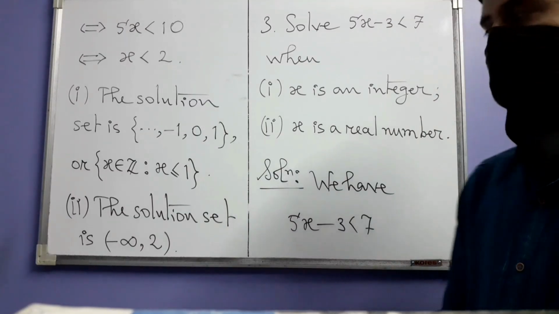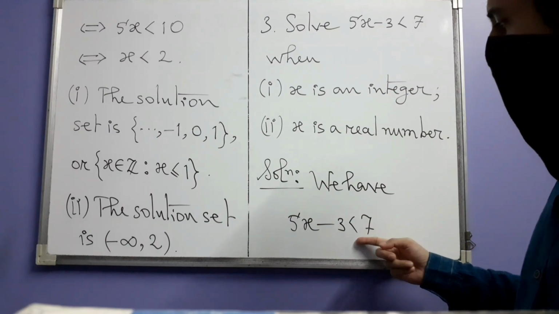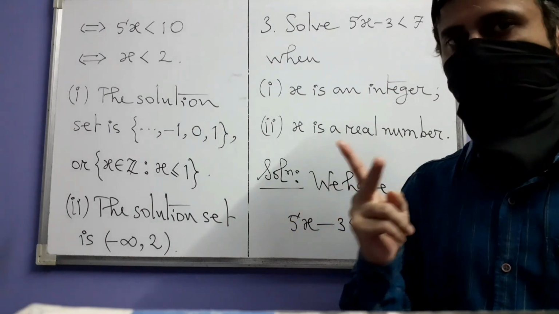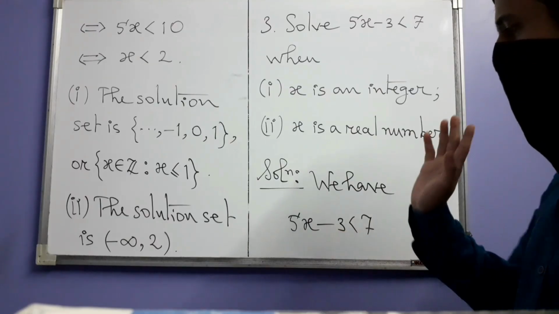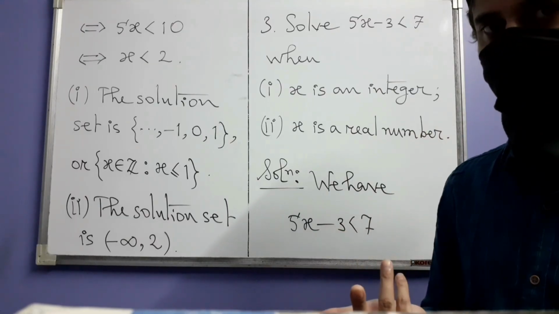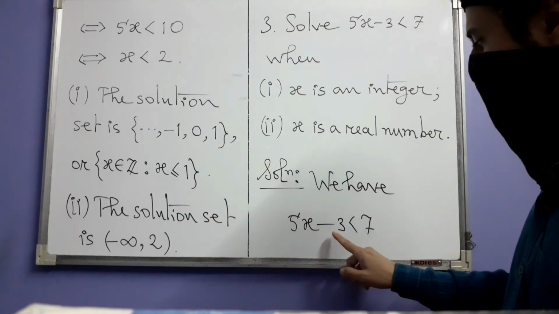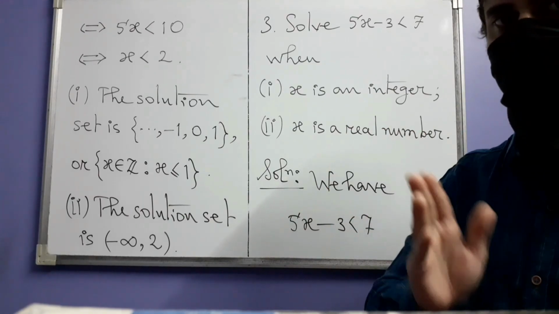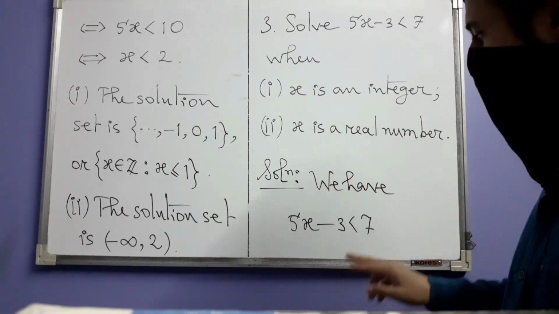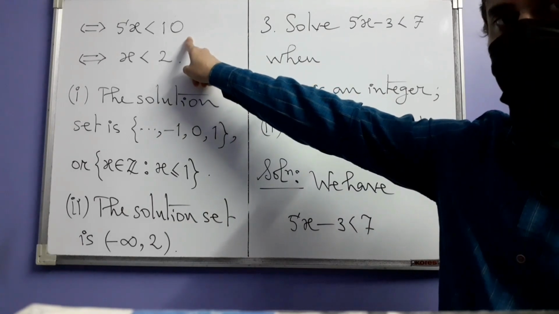So we consider the inequality which is 5x minus 3 less than 7. And then we need to go through 2 steps to isolate x. First we add 3 to both sides. That we can do by one of the rules for inequality manipulation. Adding 3 to the left hand side makes it 5x, because minus 3 and 3 cancel out. Adding 3 to the right hand side makes it 10. 7 plus 3 is 10.